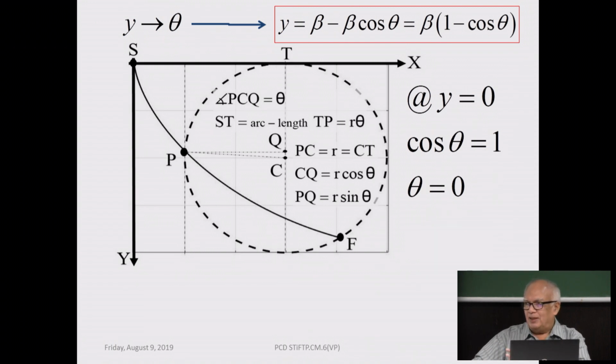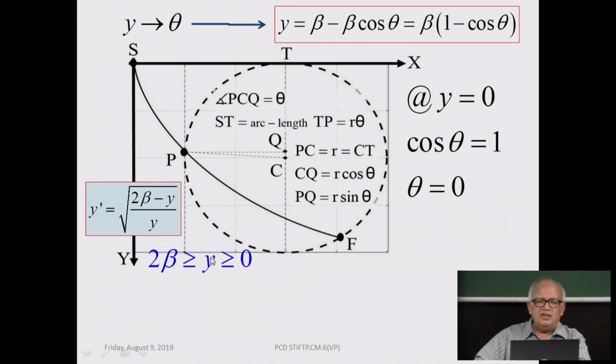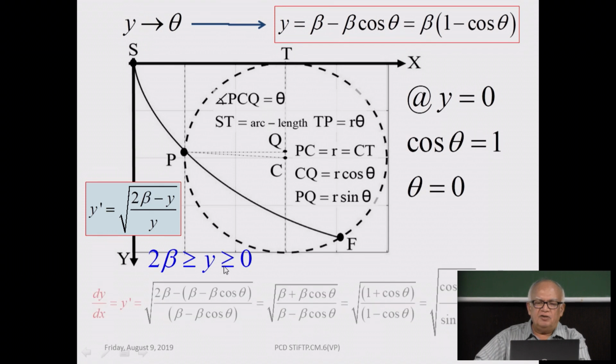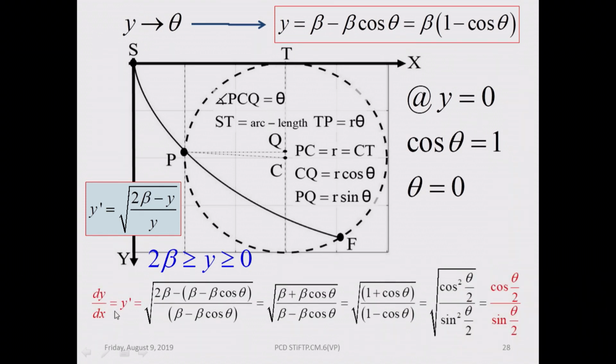So you find that second constant. Okay? So you have this relation that 2 beta must be greater than or equal to y, which is greater than or equal to 0, and dy by dx is now given by y prime, but y is written in terms of theta. So you can get y prime from here.